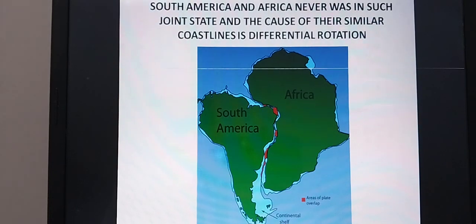South America and Africa were never in a fitting state. South America and Africa were never in such a joint state, and the cause of their similar coastline is differential rotation. So note.